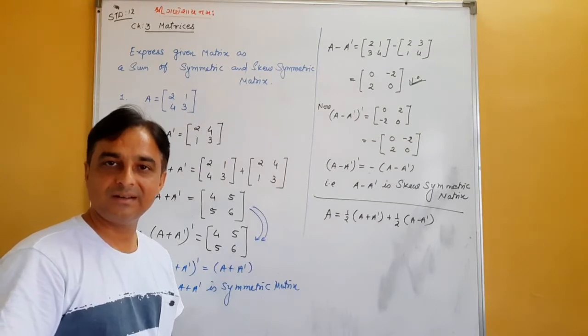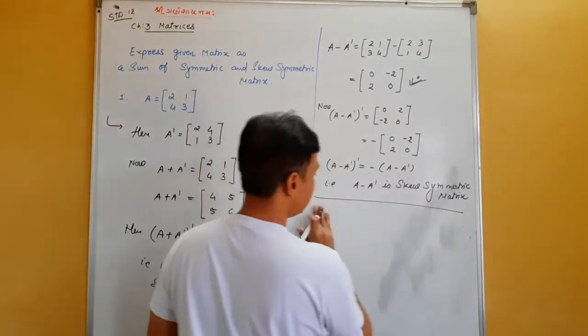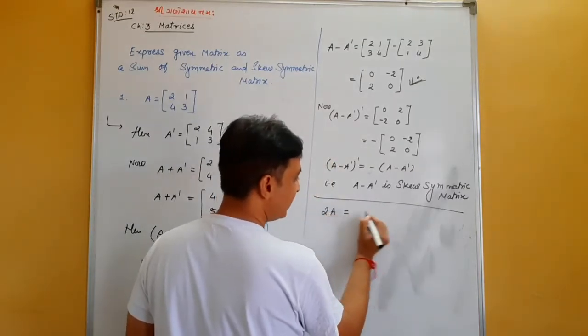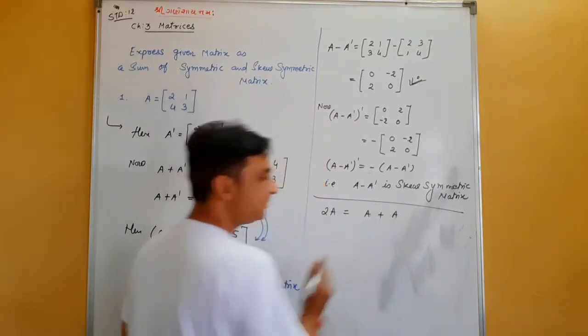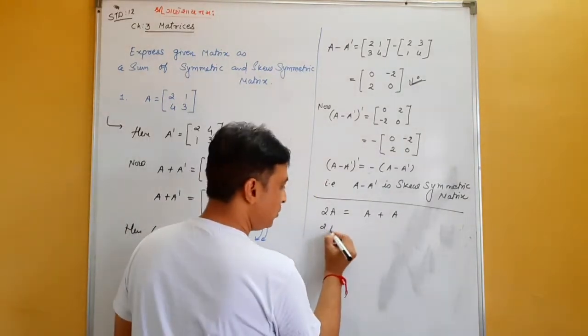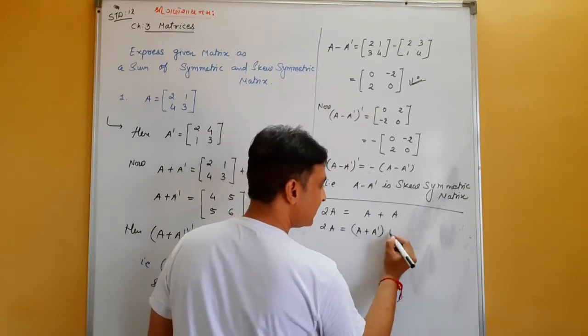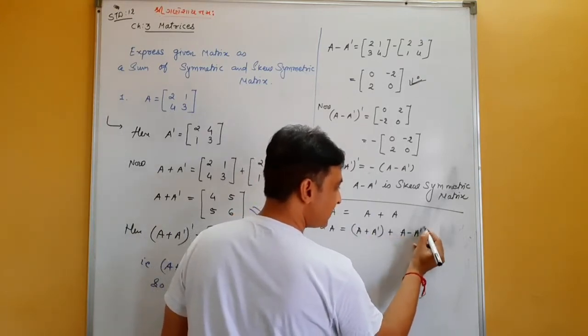Got it? Again, see: 2A is A plus A, which is equal to A plus A' plus A minus A'.